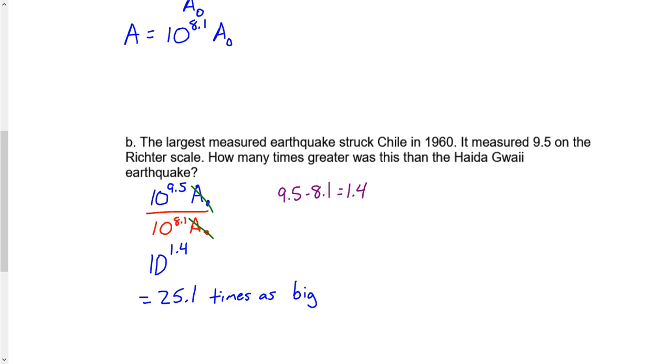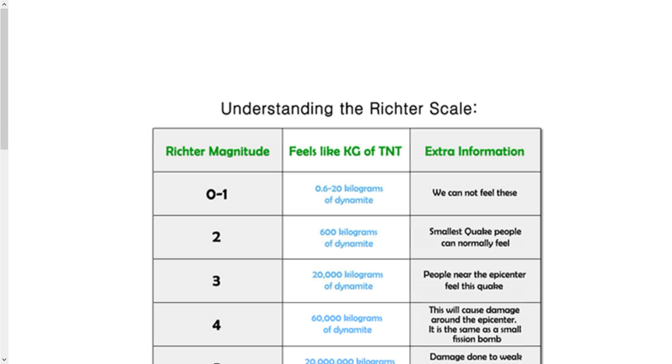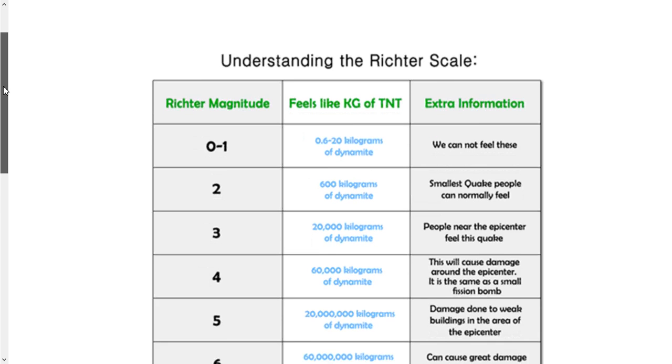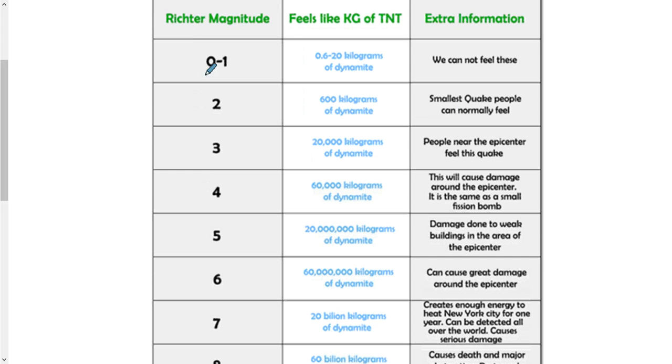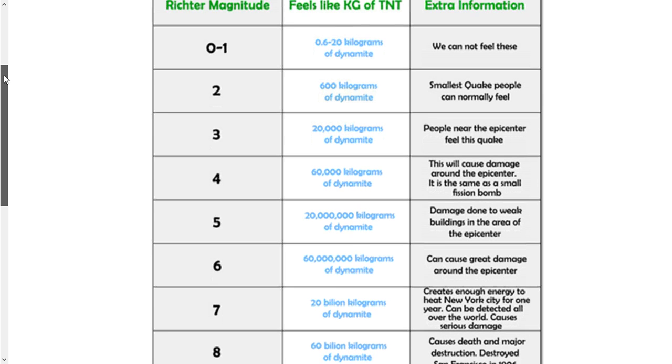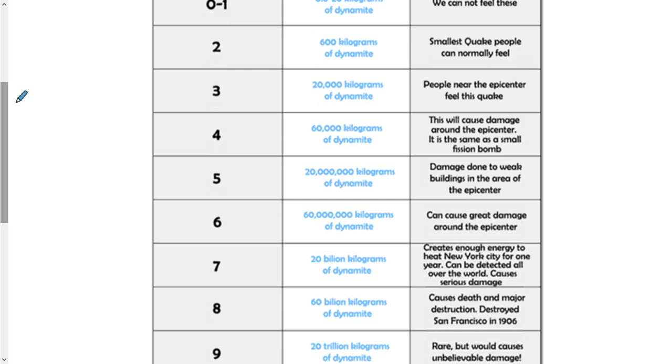And that will be evident in the Richter scale reading that I actually put on your page as well. That kind of Richter scale from 0 to 1 is about the same as 0.6 to 20 kilograms of dynamite, which really we can't feel. You really can't start feeling anything until a 3, but even then you have to be very close to it to feel. At 4, you're going to start actually feeling it.